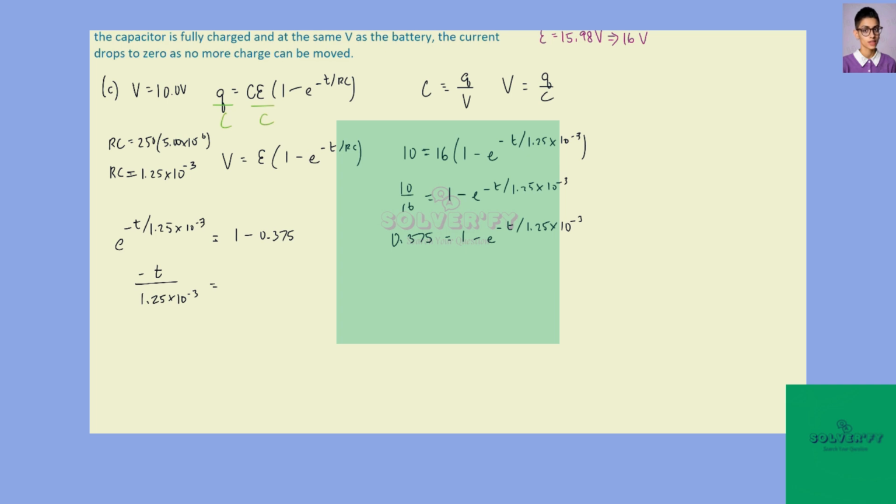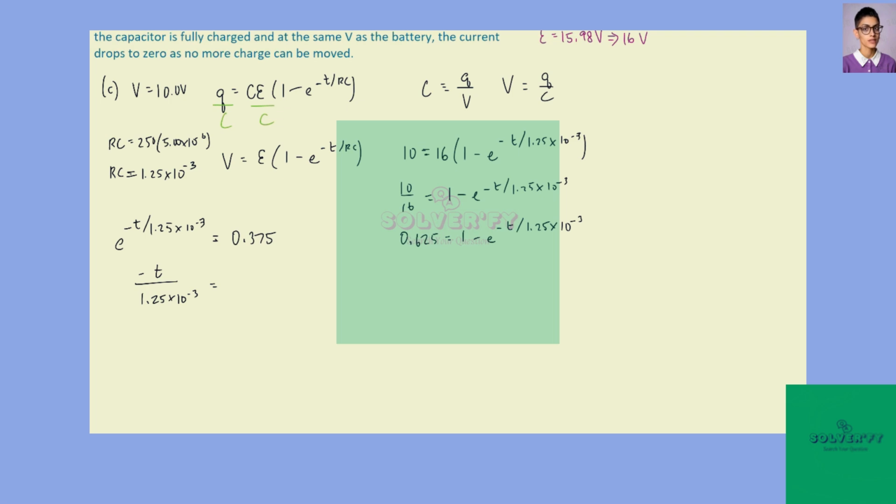Oh, actually, I am so sorry. 10/16 is not that 0.375. 1 minus 10/16 is what we get. But let me fix that. Yeah, let's fix that. The 0.375 belongs over here after we have done our subtraction, and then 10/16 is 0.625. Okay, that makes a little bit more sense.